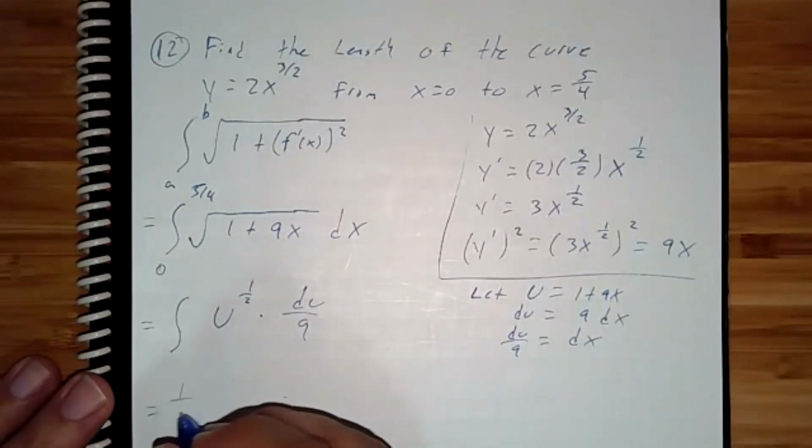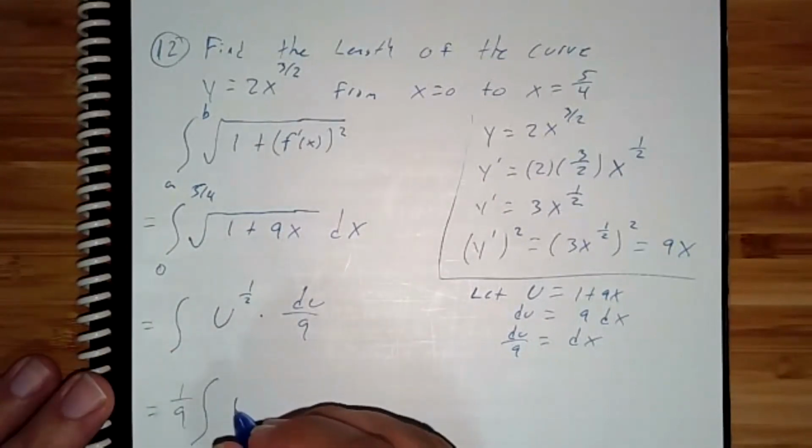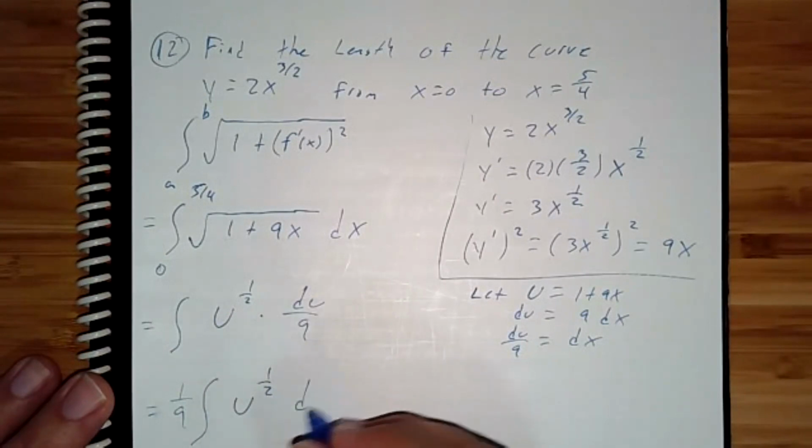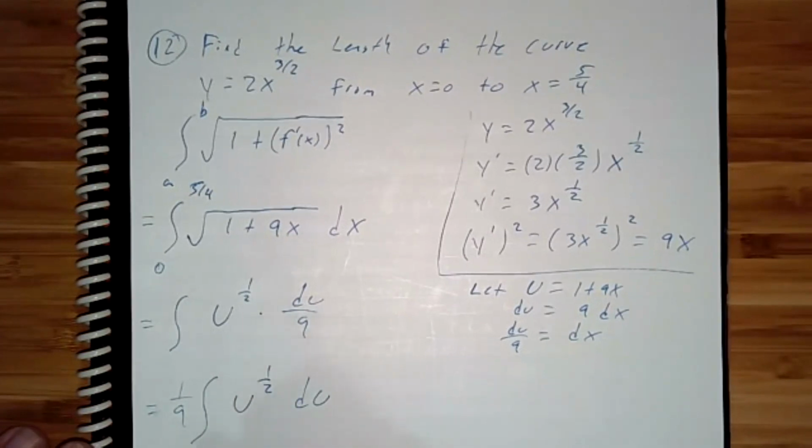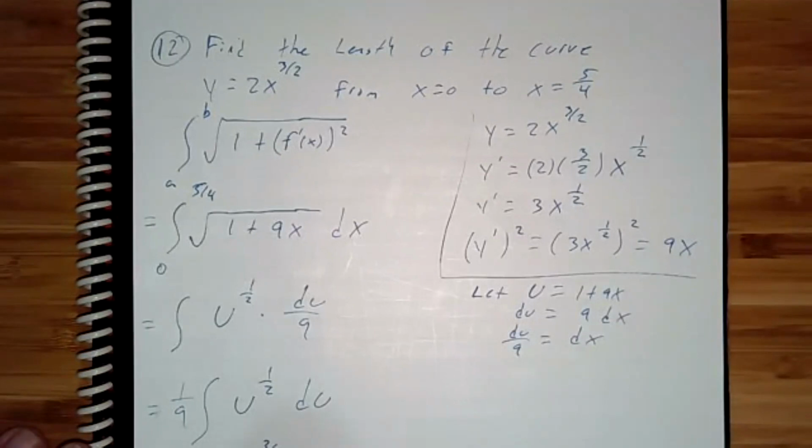Pull out the 1/9. Integrate this guy, and you'll get 1/9 divided by 3/2, which is times 2/3.